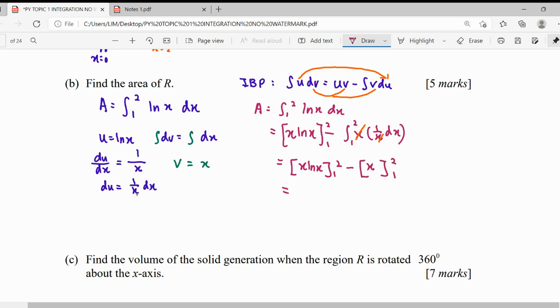So I can write it fully: x ln x minus x, upper limit 2, lower limit 1, together. When I'm done integrating, we substitute the limit: substitute the value of 2 minus the value of 1. Then we just press our calculator.